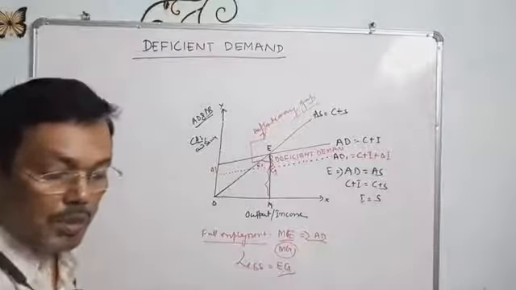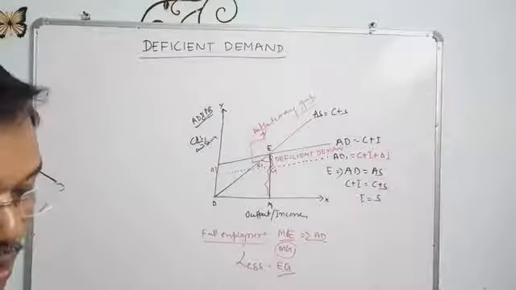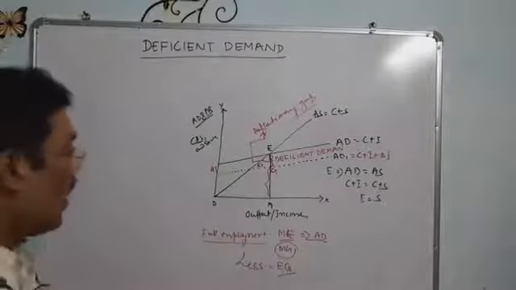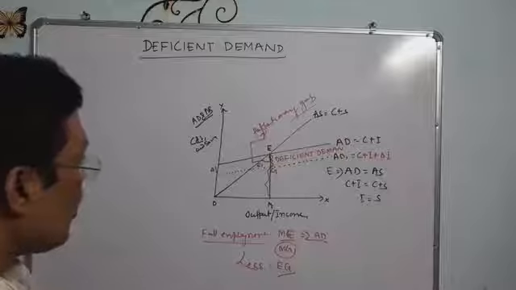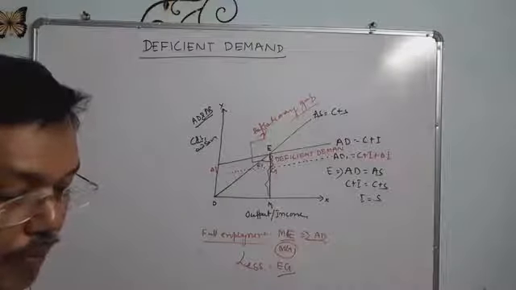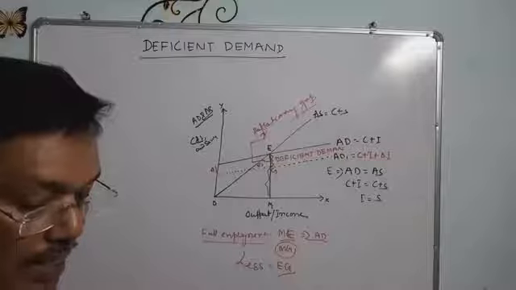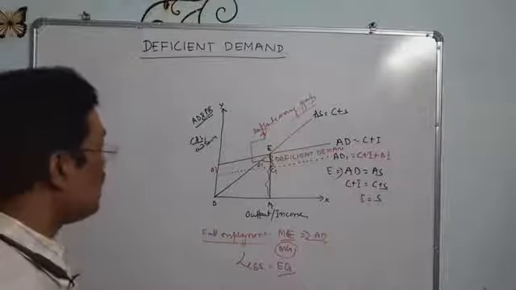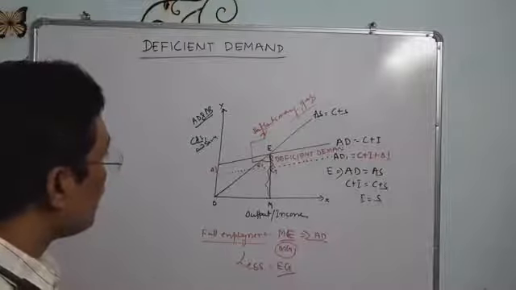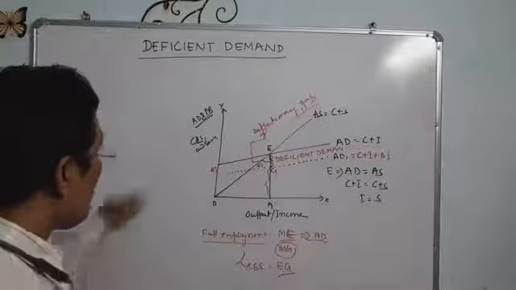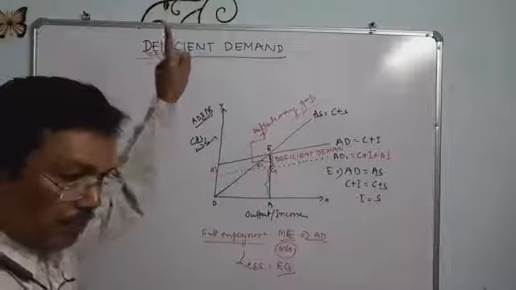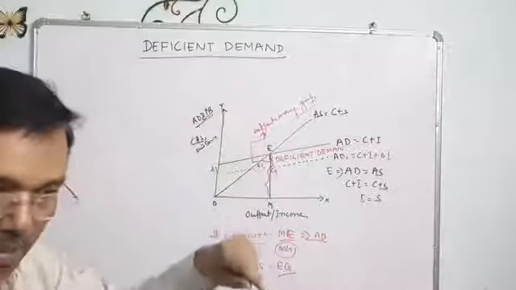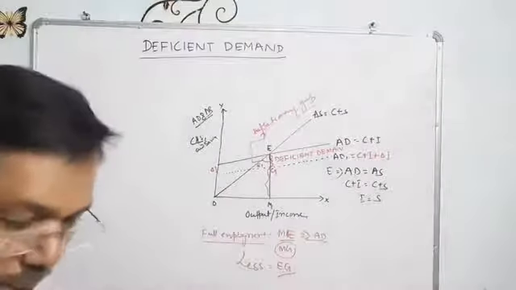Deficient demand refers to a situation wherein planned aggregate expenditure in the economy falls short of aggregate supply of goods and services at the full employment level. In case of excess demand, what we discussed, the aggregate demand is more than aggregate supply at the level of full employment.